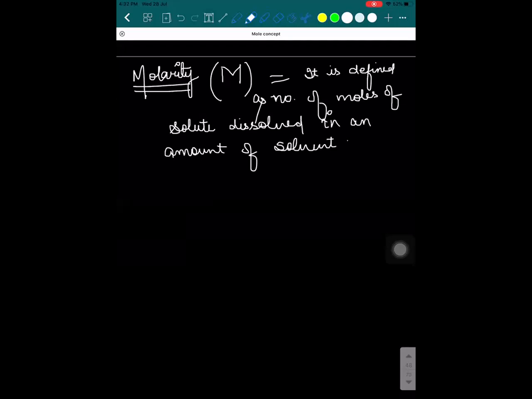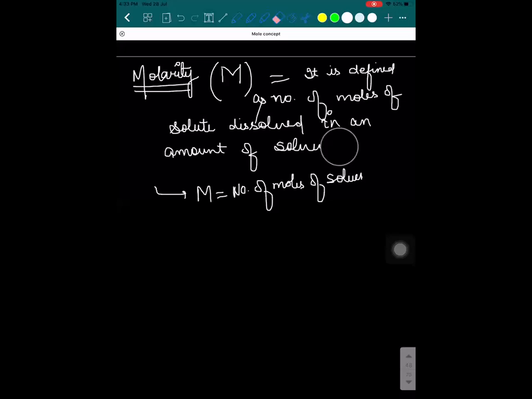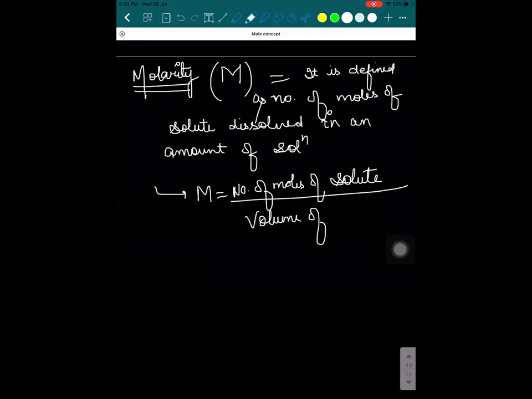Basically we will take the solvent as the volume of the solution, which means you have to remember that molarity is the number of moles of solute in an amount of solution. Write here: number of moles of solute divided by volume of solution in liters.